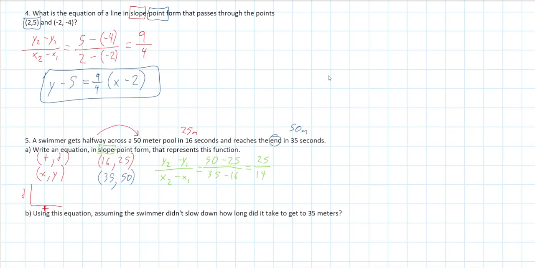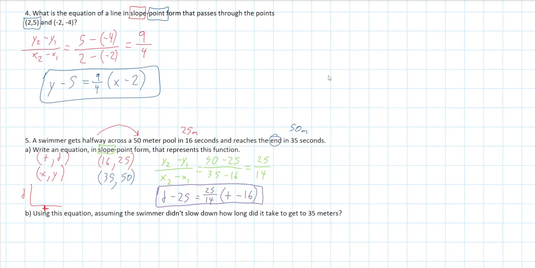And unfortunately, that's where we have to stop. So now we can put it all together. We can go y minus 25, or actually better yet, not y. We should use d minus 25 equals 25 over 14, bracket t minus 16, bracket. So we put this in slope point form now, and that question is done.